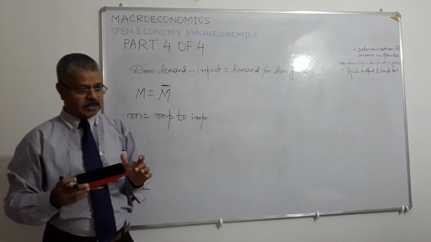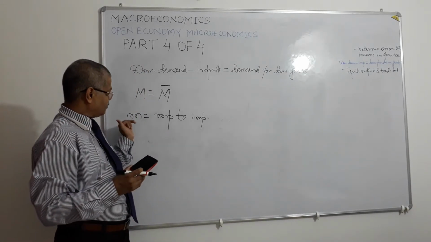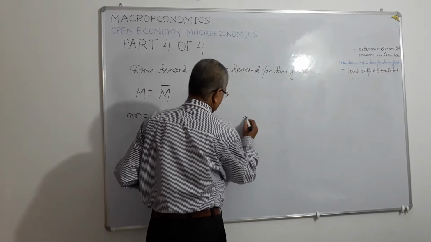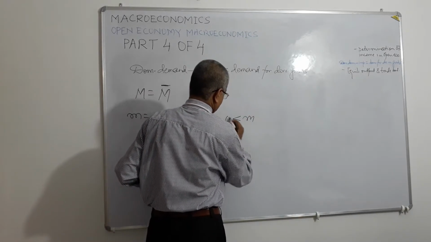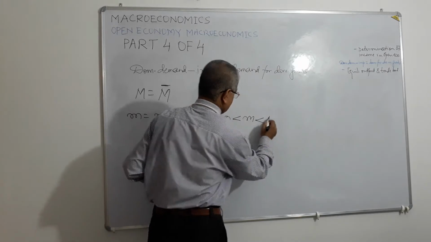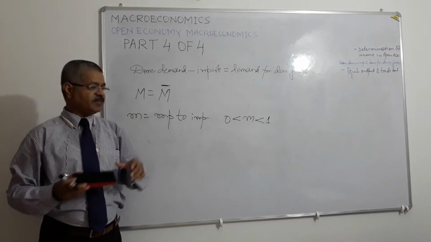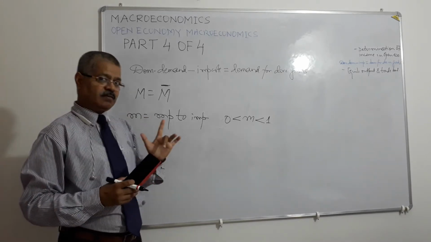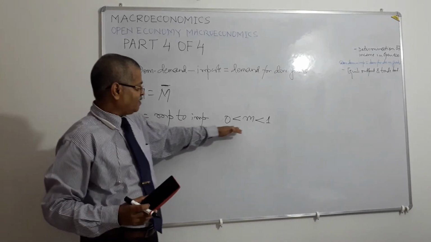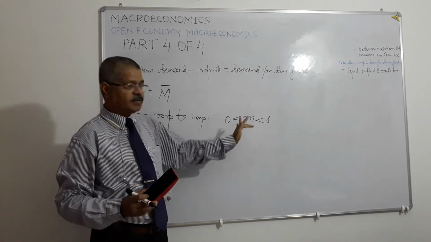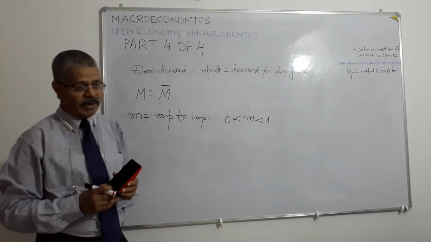Then this m, marginal propensity to import, is a number between 0 and 1, right? As we had marginal propensity to consume c between 0 and 1, in the same way we have marginal propensity to import, a small m, between 0 and 1, right?